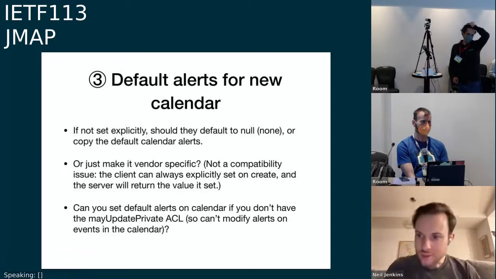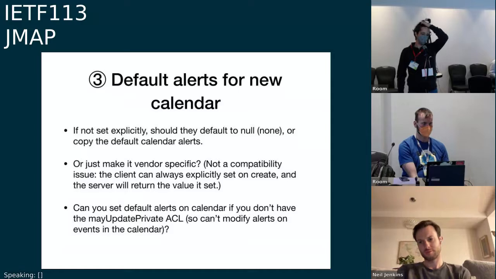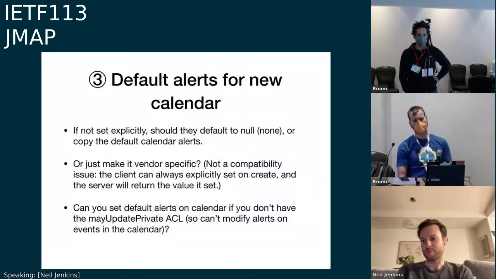Robert? Yeah, so probably I misunderstood the question then. But since I have the mic, I agree. If you don't have mayUpdatePrivate, it doesn't really make any sense to set the default alerts. You can't even then toggle if you want to use default alerts on the event or not. So no, but suppose that it was set to true by whatever source.